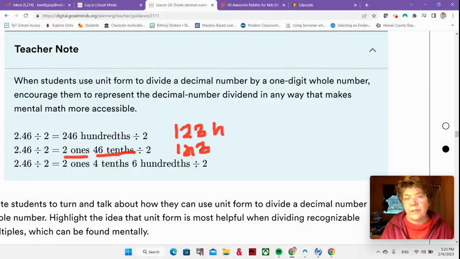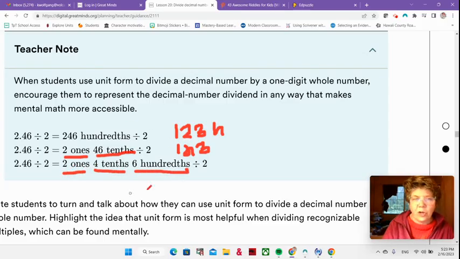So it's just another way to think about it. Or we could think about 2 ones, 4 tenths, 6 hundredths. These are all unit form. I think that's what makes unit form a little confusing, is because there's a few different ways to do it, right? So we could go 2 ones divided by 2, 4 tenths divided by 2, 6 hundredths divided by 2, right?